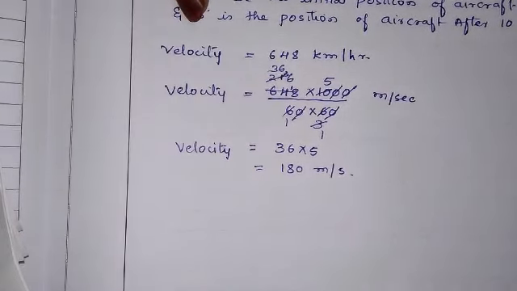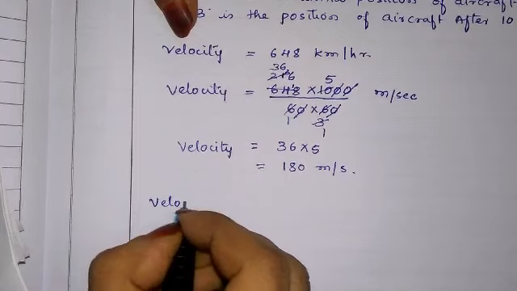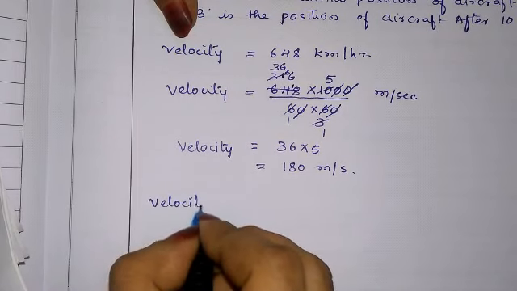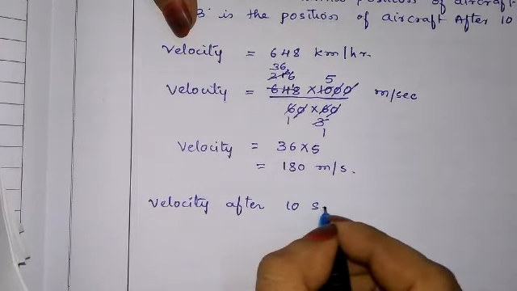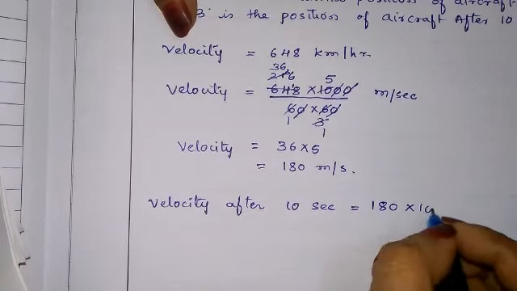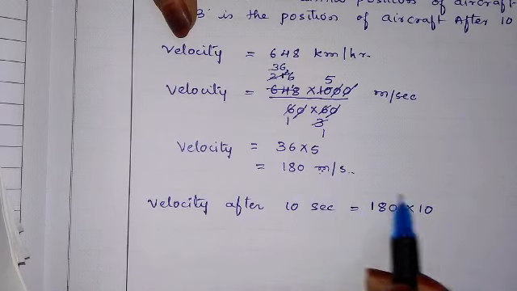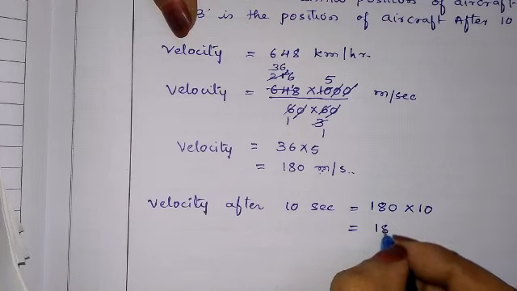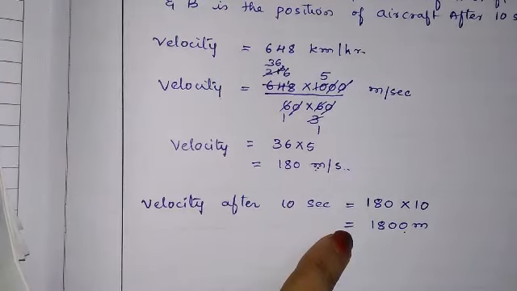But here, for the velocity after 10 seconds, if we multiply the velocity by 10 seconds, that is 180 into 10. Here seconds get cancelled because it is meter upon second, and 1800 meters we got after 10 seconds.